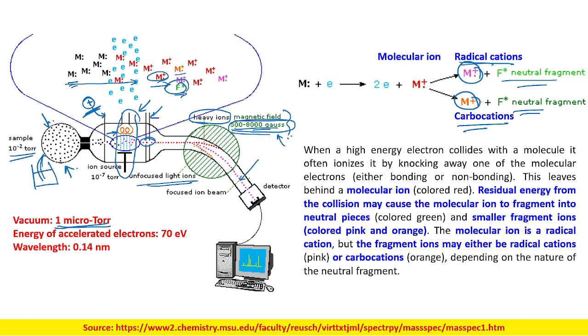So by changing the magnetic field, we control the cations which will gain entry to the detector. In that way we can find out at what position we have what molecular mass.